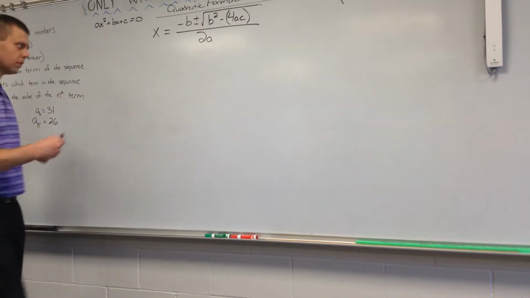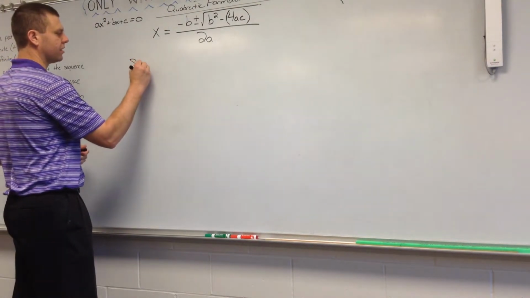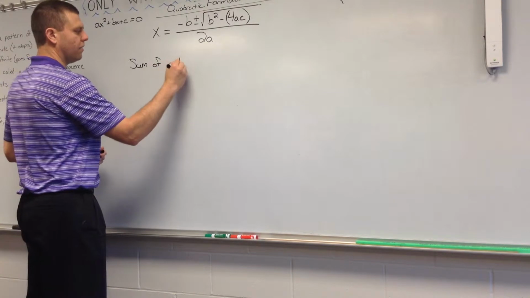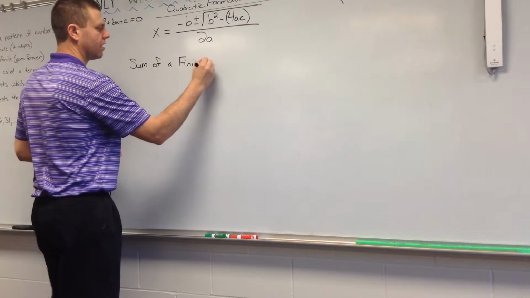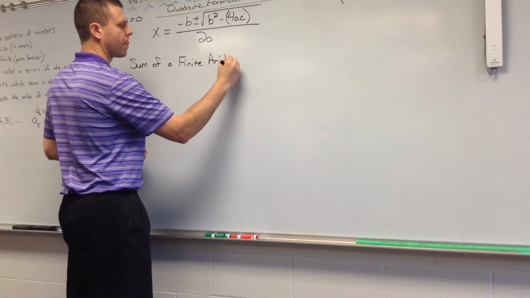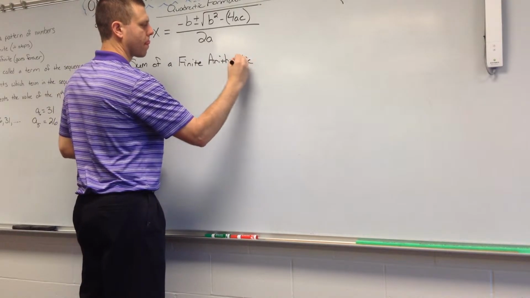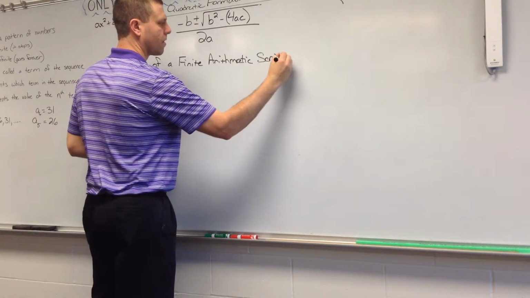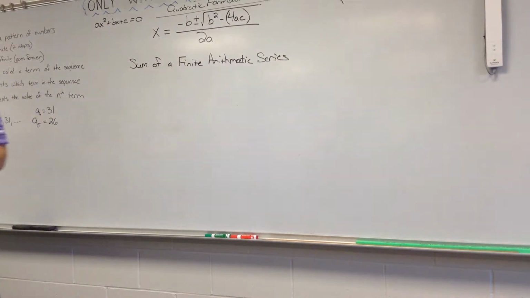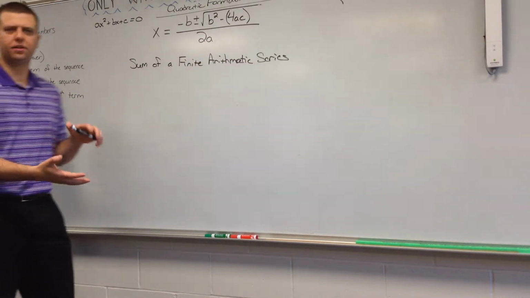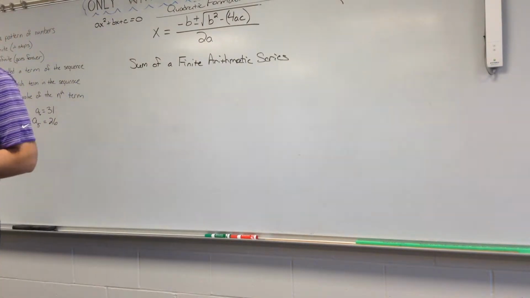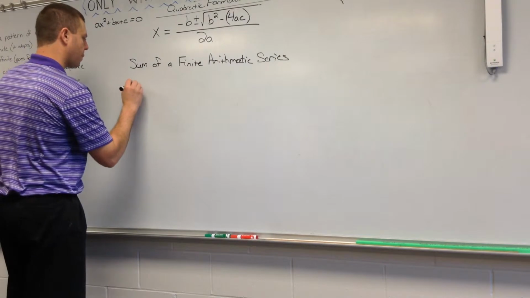So, if you want to find the sum of a finite arithmetic series, here's how you're going to go about doing it. I'm going to show you a little proof here. You don't need to write the proof down. I'll show you how the formula works, though.